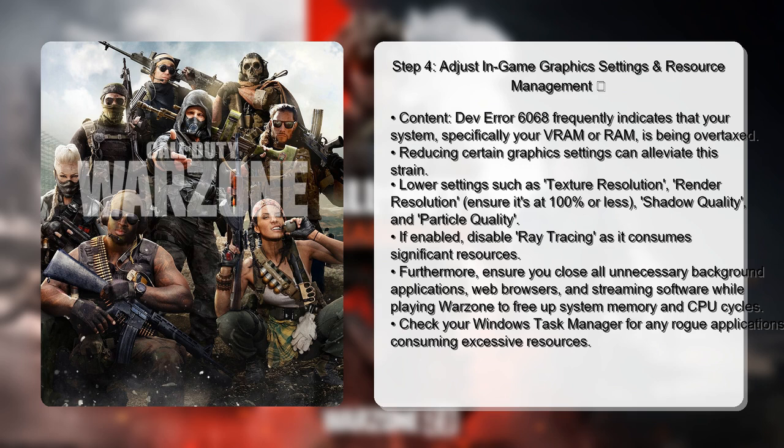If enabled, disable ray tracing as it consumes significant resources. Furthermore, ensure you close all unnecessary background applications, web browsers, and streaming software while playing Warzone to free up system memory and CPU cycles. Check your Windows Task Manager for any rogue applications consuming excessive resources.